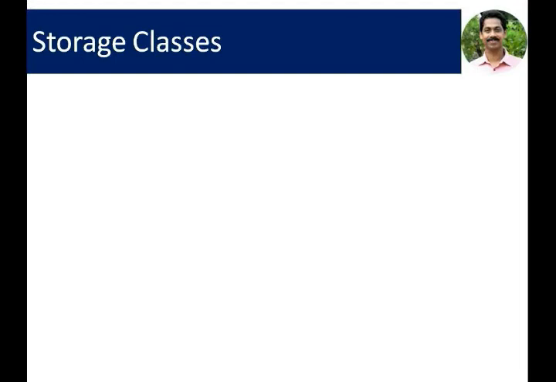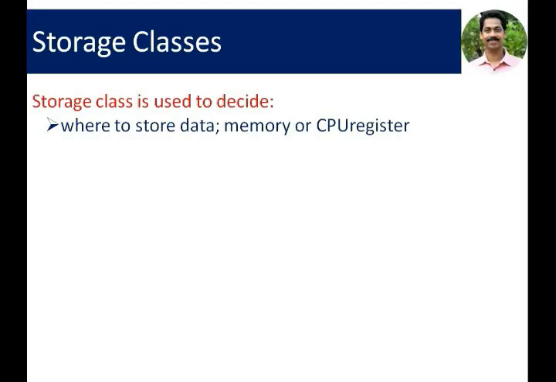Next is storage classes. This is also related to memory management. It is used to decide where to store data, in memory or CPU register. As you know, every computer has a CPU, which is a microprocessor. In a microprocessor, there are many registers. These registers are used by the ALU for various arithmetic and logical operations.